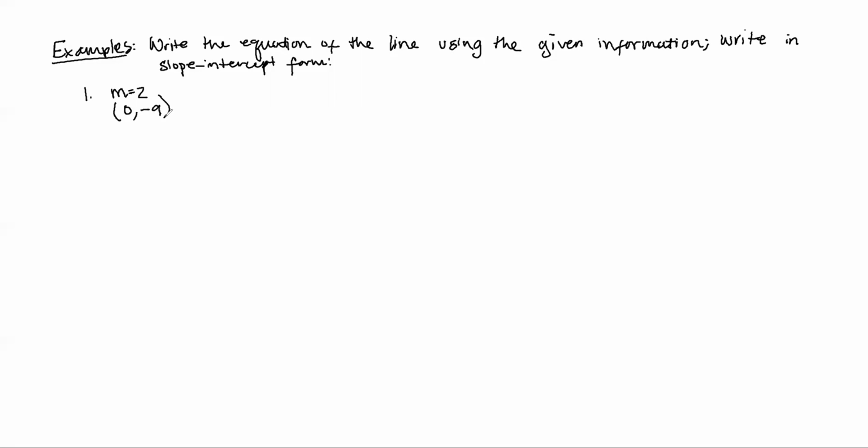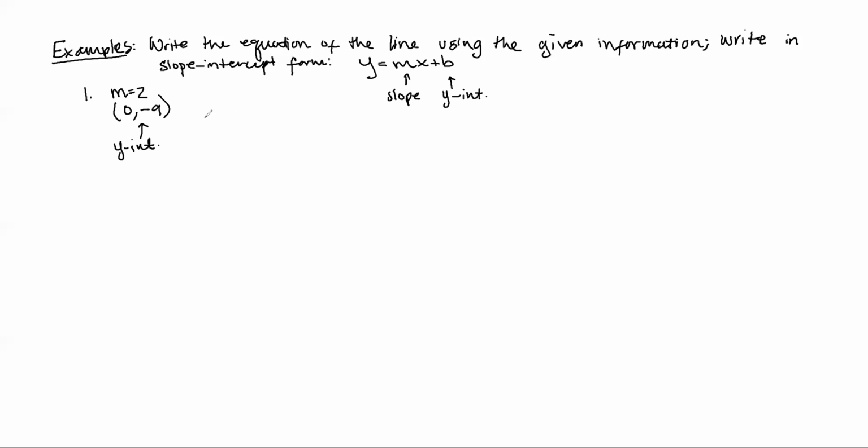Now this one is a special one because if you notice this point 0, -9, because the x-coordinate is 0, this is actually our y-intercept, which makes this one really nice. So if you remember, slope-intercept form is y equals mx plus b, where m is the slope and b is the y-intercept. And because we're given both of those, we can go straight to writing our equation.